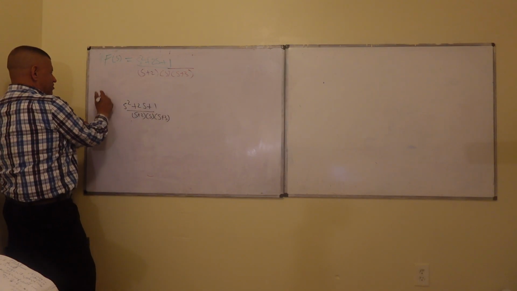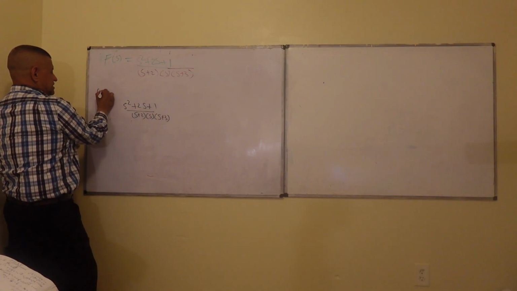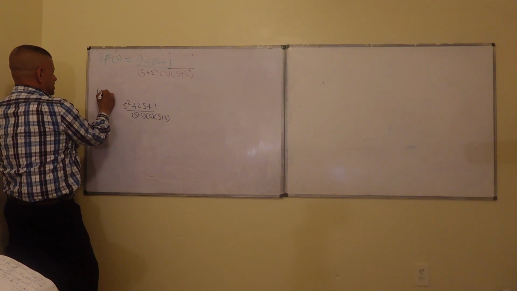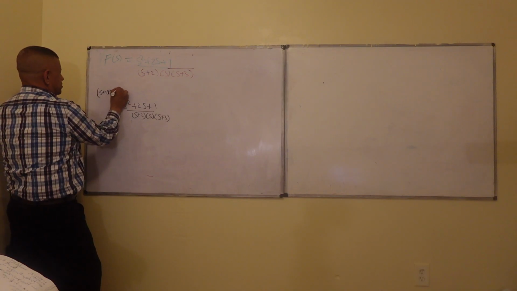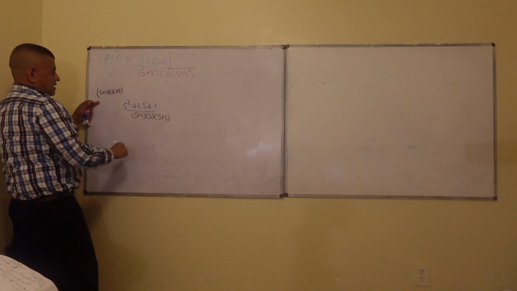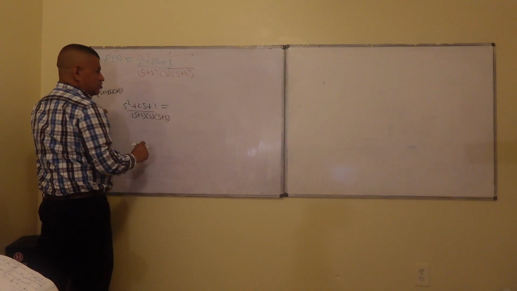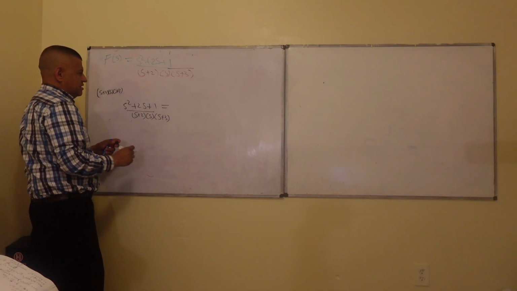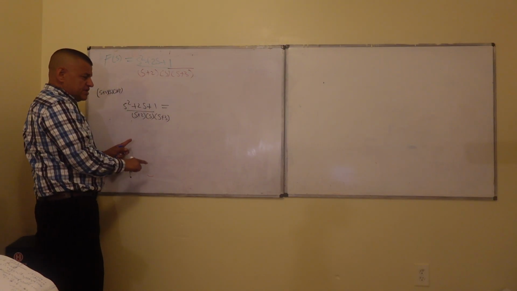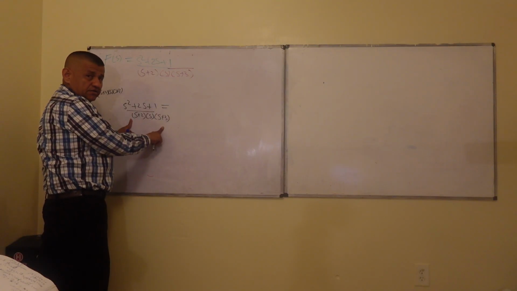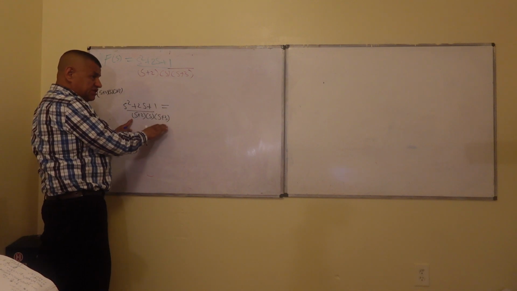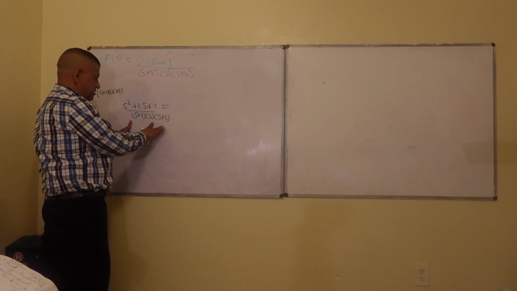And over here I'm going to write the coefficients. How many denominators do I have? I've got 1, 2, 3 different factors being multiplied.